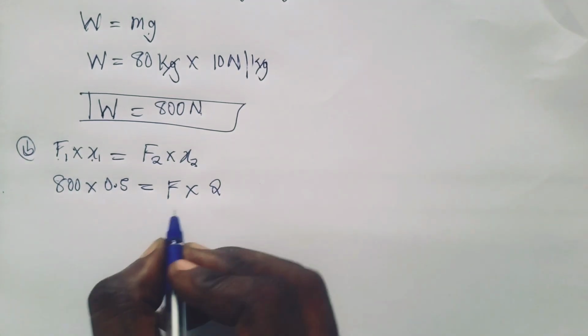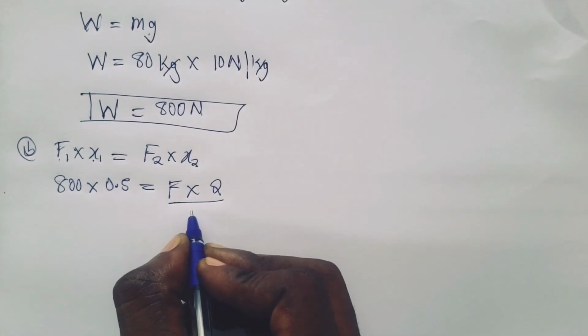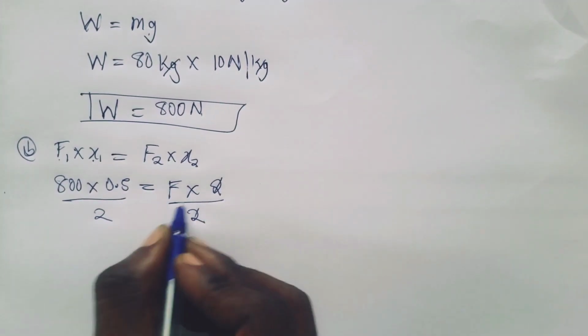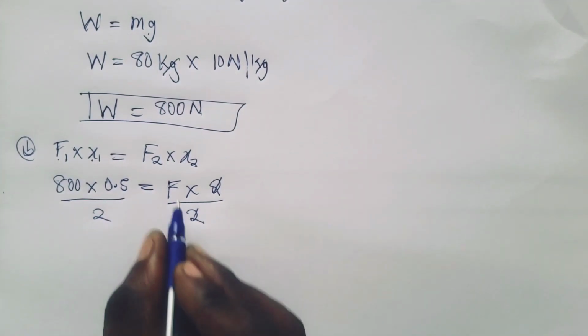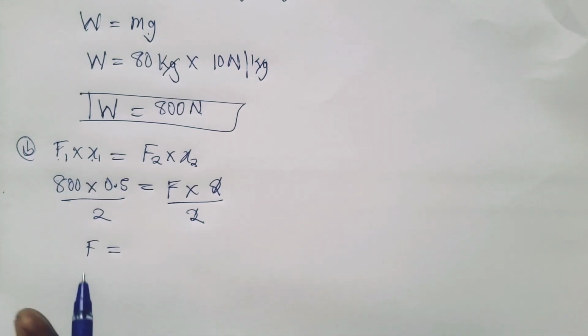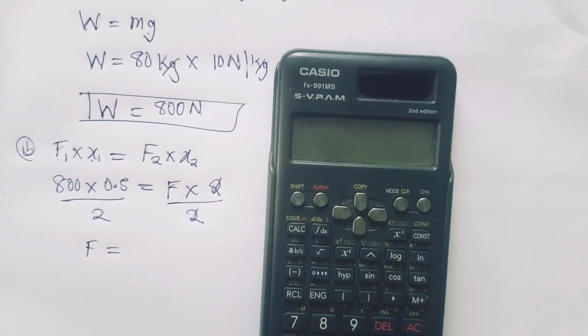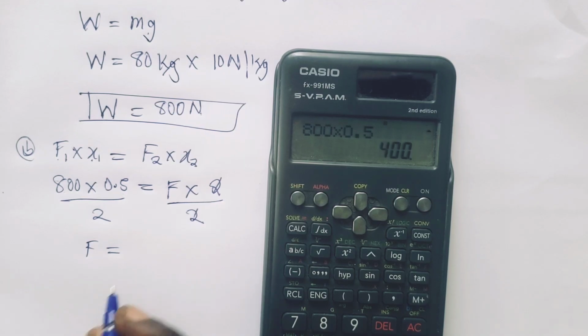From here we'll say over 2 over 2. This 2 will cancel so that we remain with F. So our force F is going to be 800 multiplied by 0.5, which gives us 400.